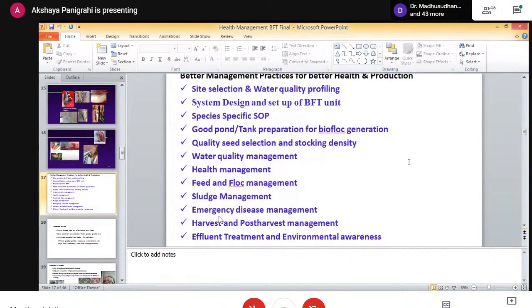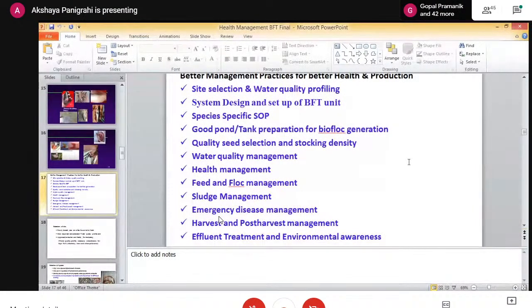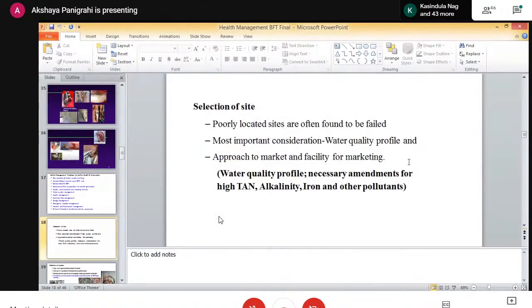Initially you have the problem of biofloc generation. After seed stocking, your nitrogen is higher, and as you add carbon, enormous biofloc develops, and that only brings all kinds of problems. So you need to check the biofloc, and then the harvest, post-harvest and effluent treatment.